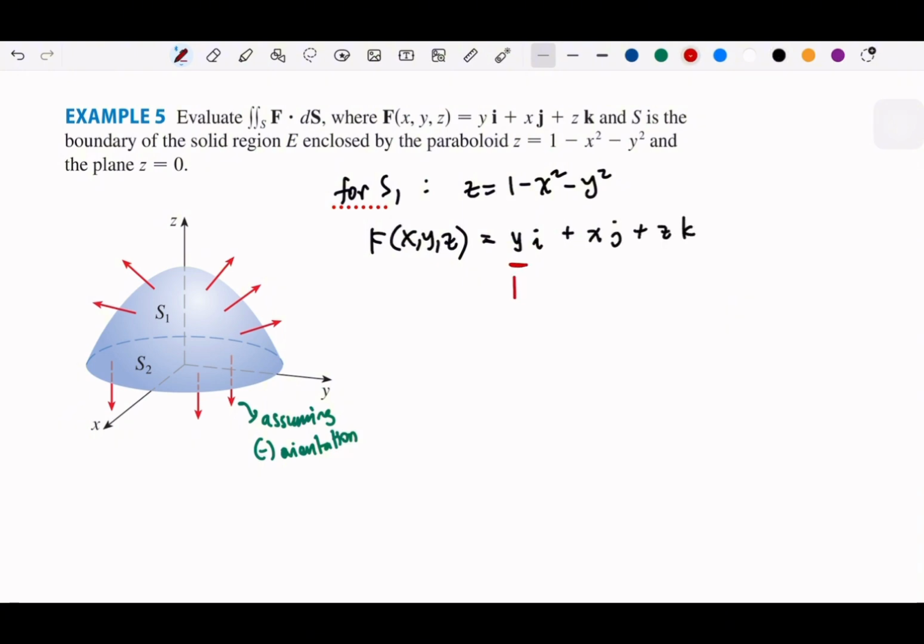So this is P, this is Q, this is R. And we know Z is equal to 1 minus x squared minus y squared, the paraboloid.